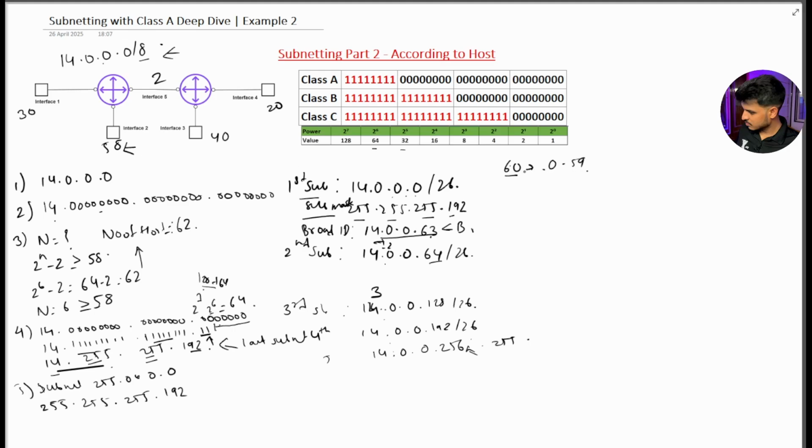After 59, the 0 becomes 1, that is 1 minute, and this becomes 00. Similarly here, it will become 14.0.1.0/26, and it will go on, and a time will come when it becomes 2, and then 0, and it will keep on going.